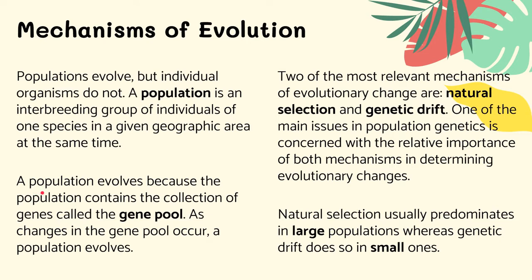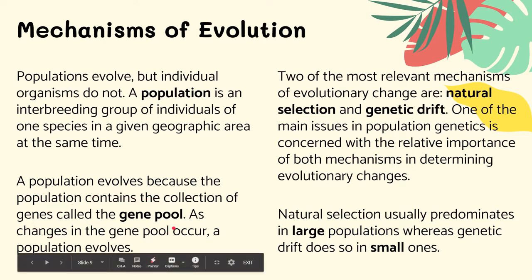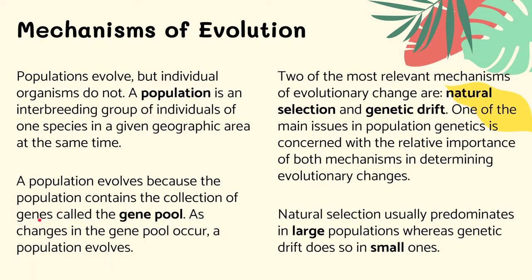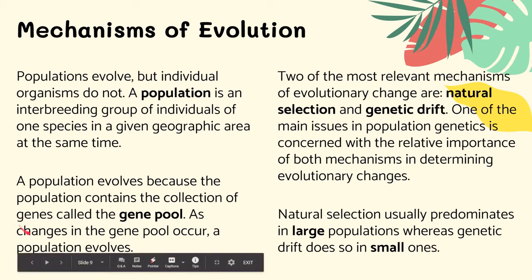A population can evolve because they contain a collection of genes. Okay, so again, genes, those are the segments of DNA that code for a trait. They can be inherited and passed on from parent to offspring. And the collection of genes of all the individuals in a population is part of their gene pool.